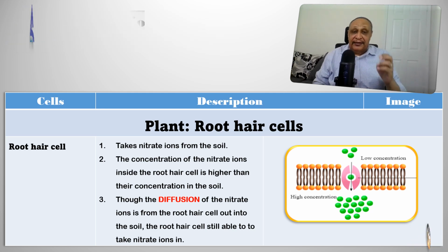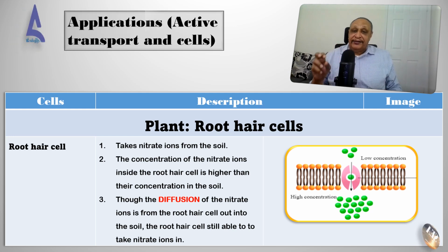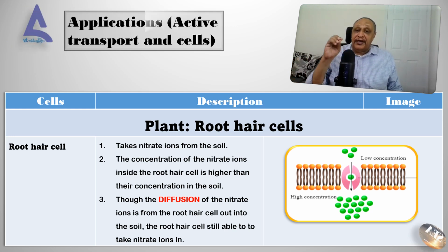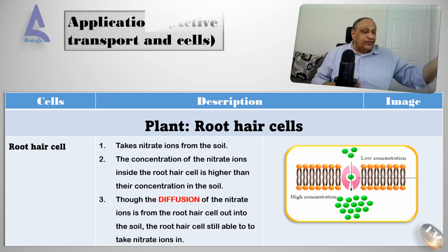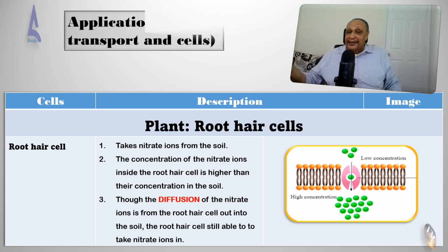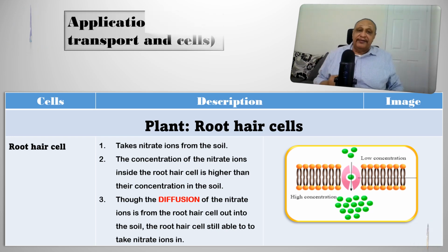The root hair cell takes nitrate ions from the soil. The concentration of the nitrate ions inside the root hair is higher than their concentration in the soil. So the soil has low concentration, and inside the cell is high concentration of nitrate.